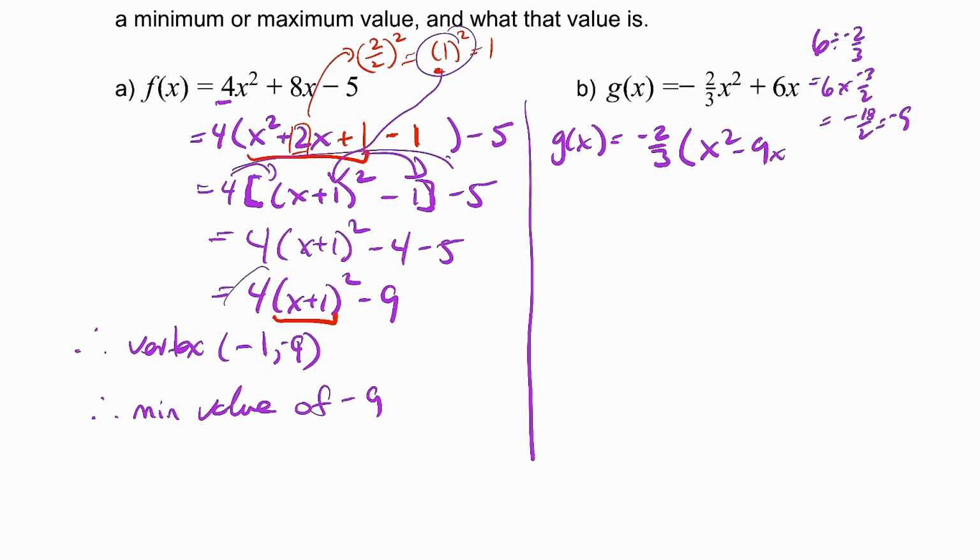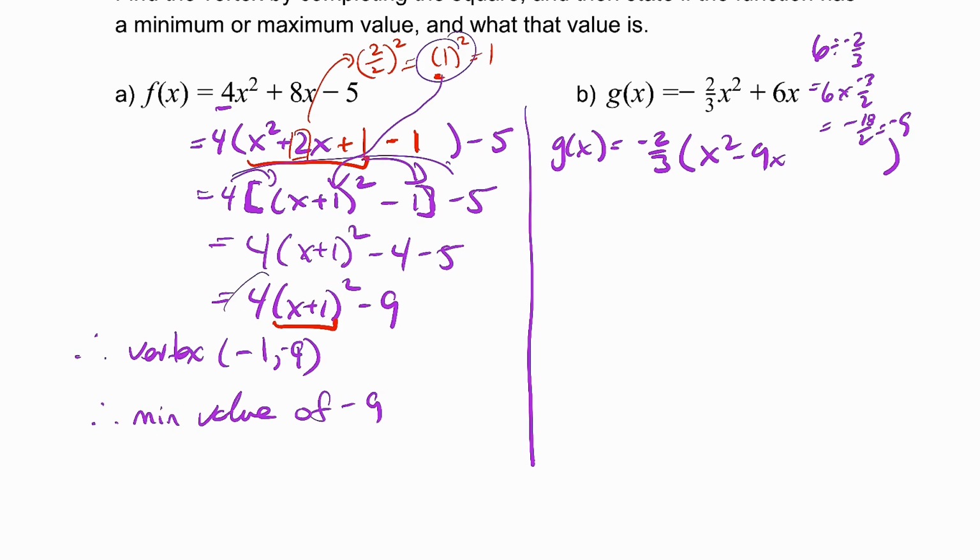And again, we're going to add and subtract something to make this a perfect square trinomial. Well, unfortunately, 9 does not divide nicely by 2. So this is where we get to some trickiness, or not some trickiness, but some dealing with fractions in order to get our vertex form.